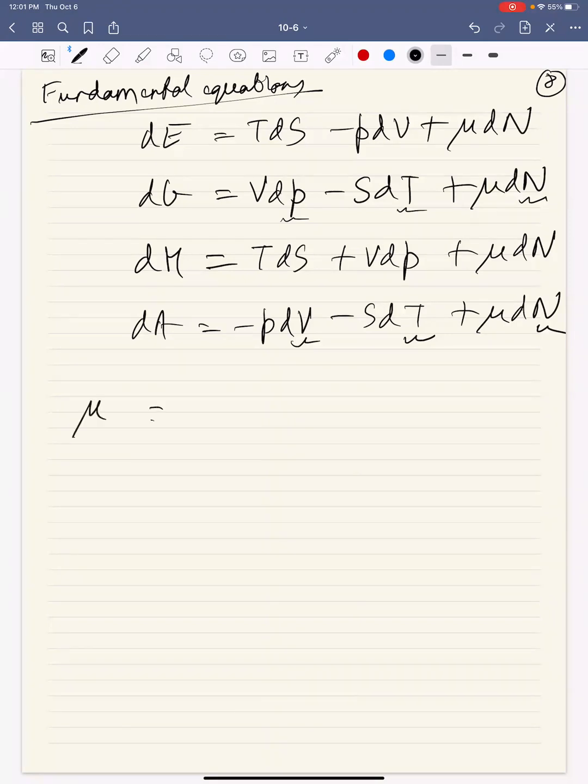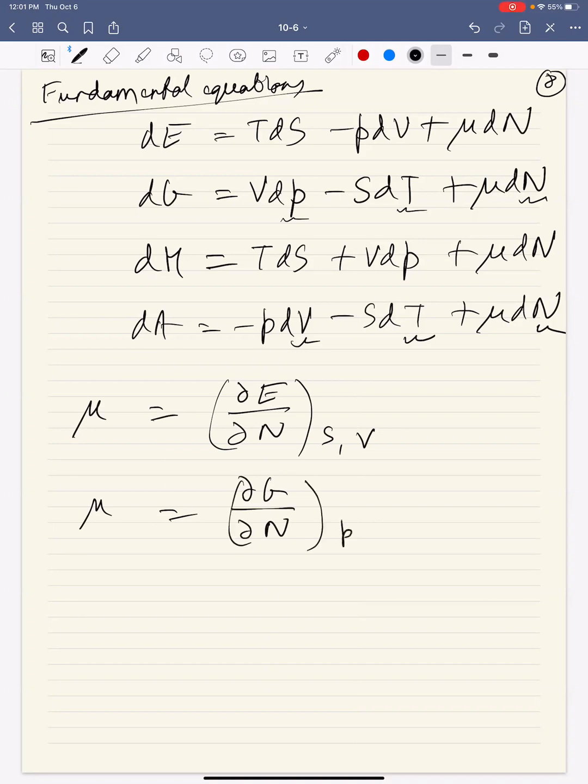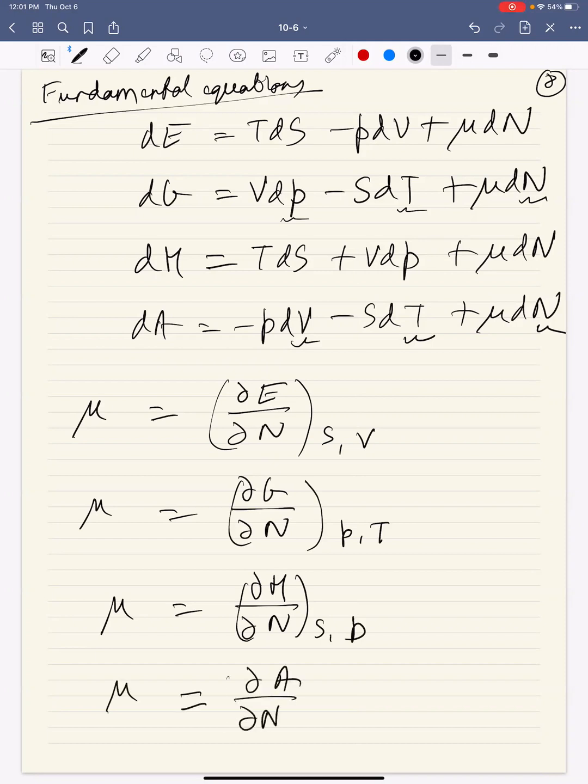So mu could be written as partial E by partial N at constant S, V, or as partial G by partial N at constant P, T, or as partial H by partial N at constant S, P, or as partial A by partial N at constant V, T. And it's the same mu for each of them. This is quite useful. You can calculate it from whichever thing you have.